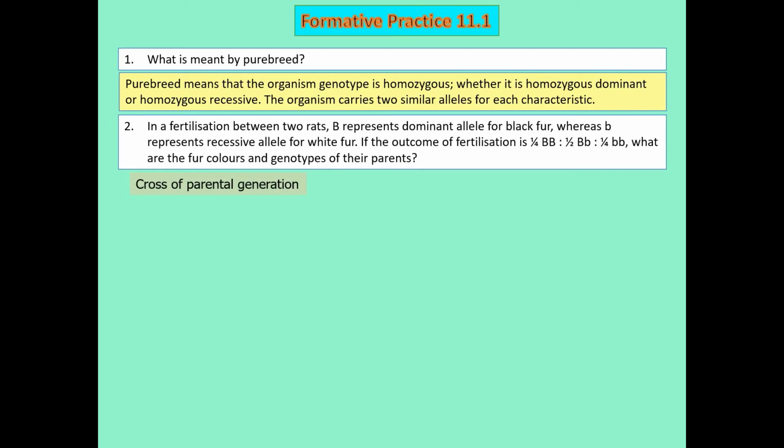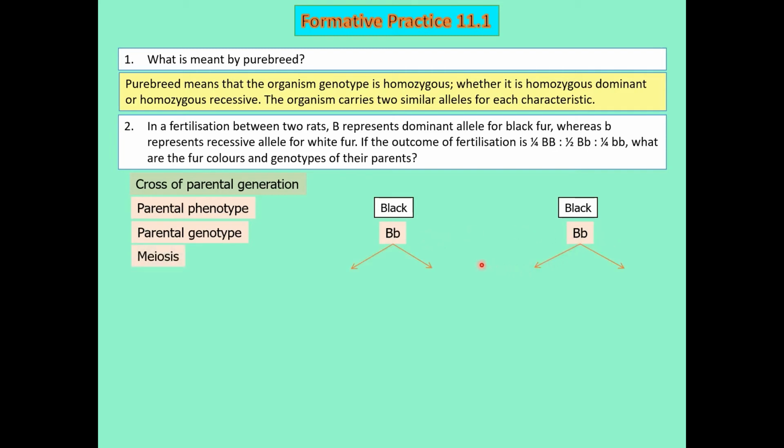Okay, we draw the genetic diagram first. So this is the parental phenotype, black, and parental genotypes, which is big B, small b, big B, small b. Meiosis process, gametes, and fertilization process.